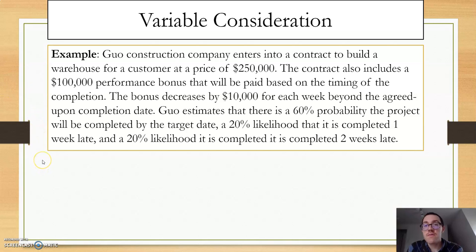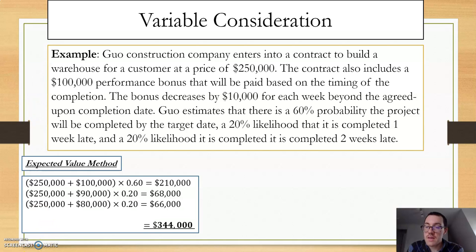So how much revenue can Guo Construction Company recognize here? Well, we're going to use the expected value method, which is the most popular method for the situation. And here's our answer, essentially. 60% of the time, we're going to get the whole 350.